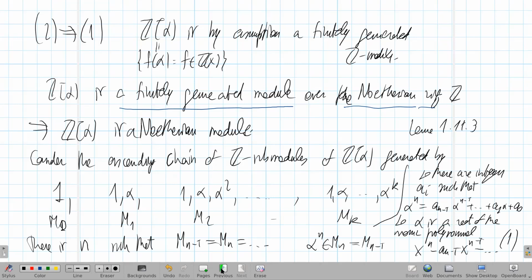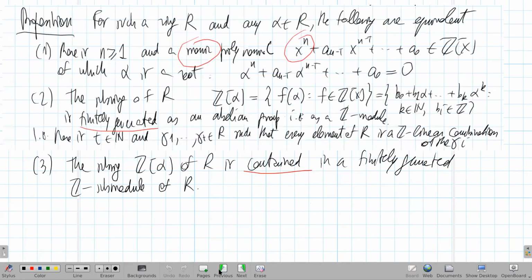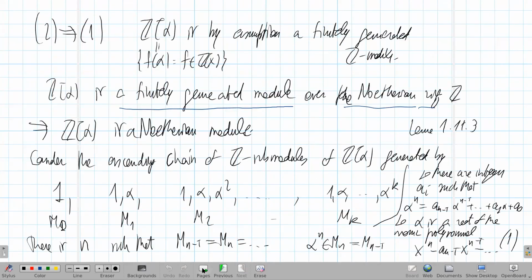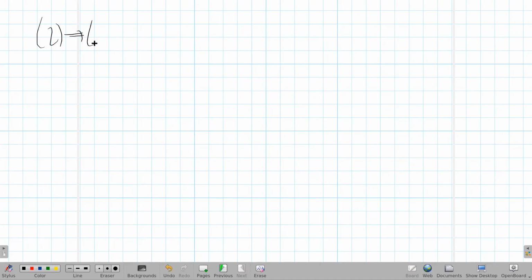Let's get back a second to the statement. Of course, 2 implies 3, because 2 tells you that this subring is finitely generated, and 3 tells you that this subring is contained in a finitely generated submodule. So if Z[alpha] is finitely generated, then you can simply take Z[alpha] as this finitely generated submodule. 2 implies 3 is obvious.